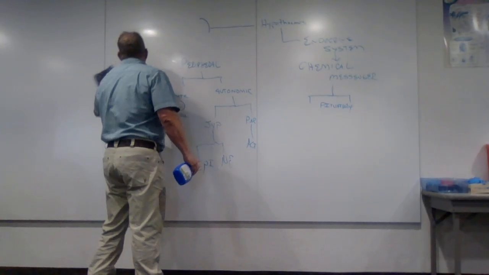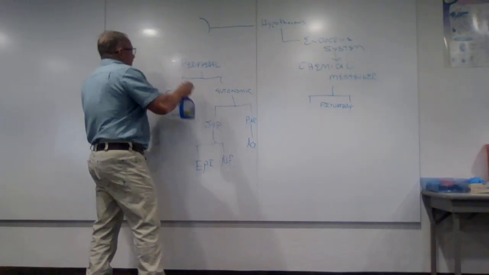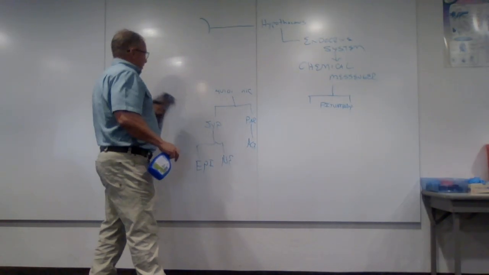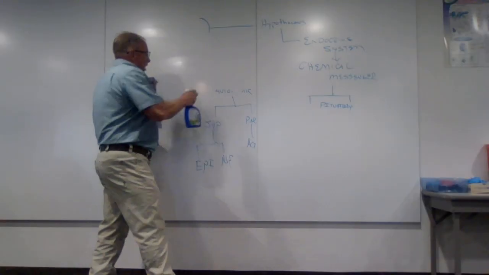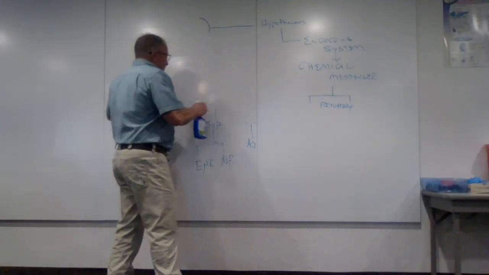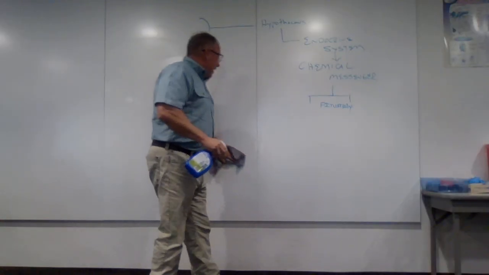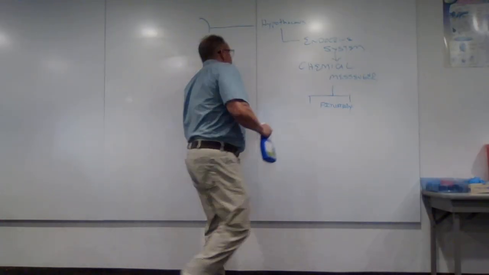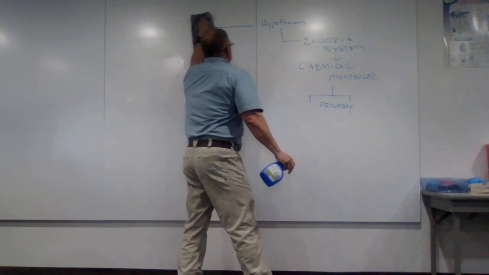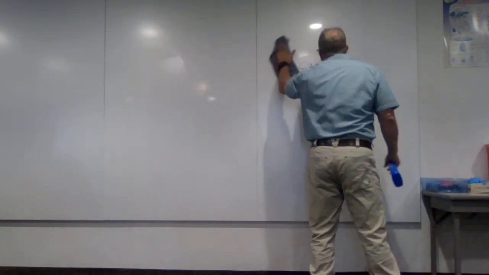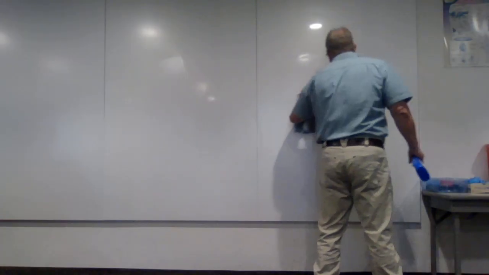The fundamental or the base cell of the nervous system is the neuron, right? All right. The neurons are broken down into axons and dendrites. Axons are axons, and dendrites are the other part of a neuron.